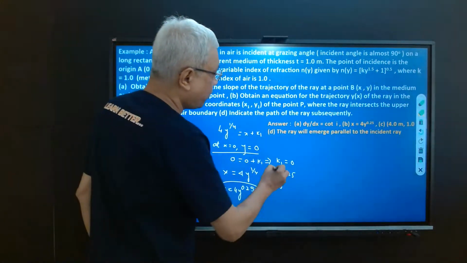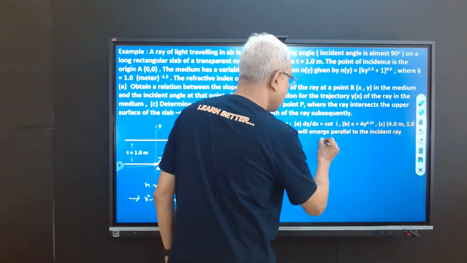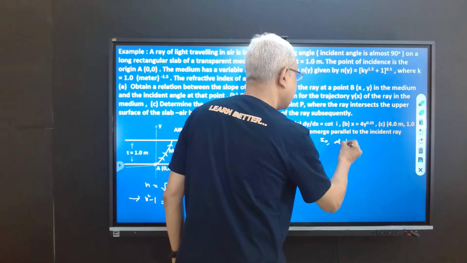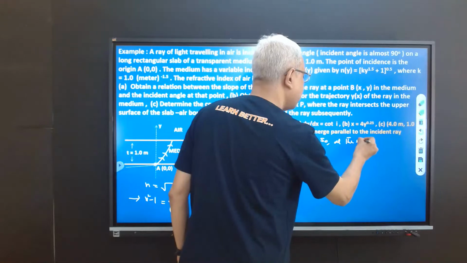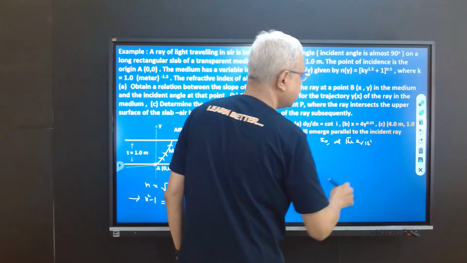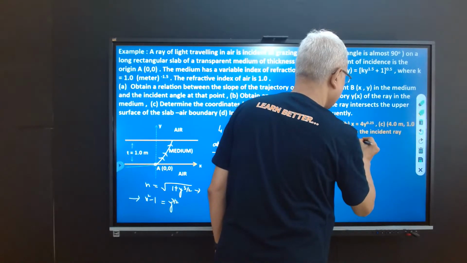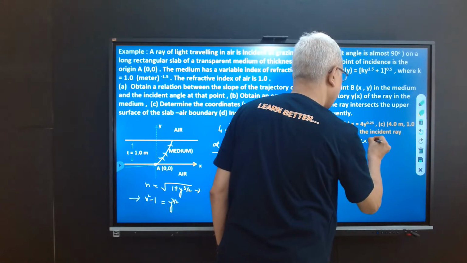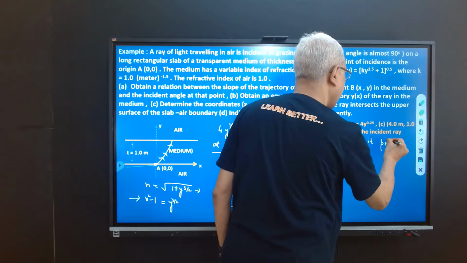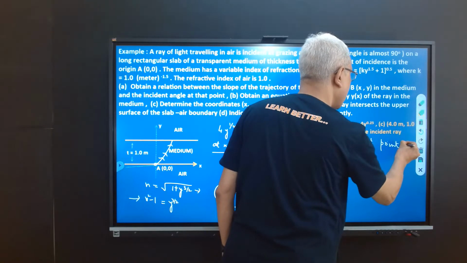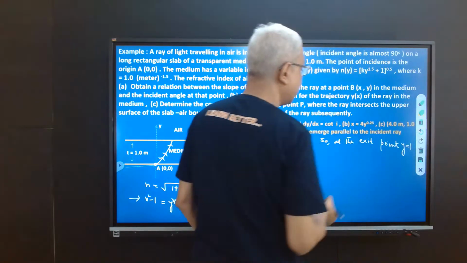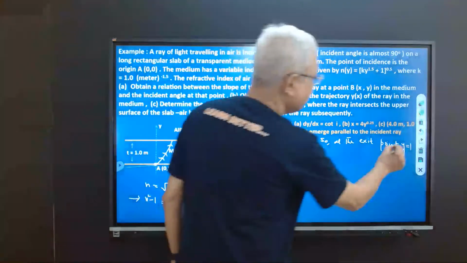So at the exit point, y equal to 1 meter, you can say 1 m.